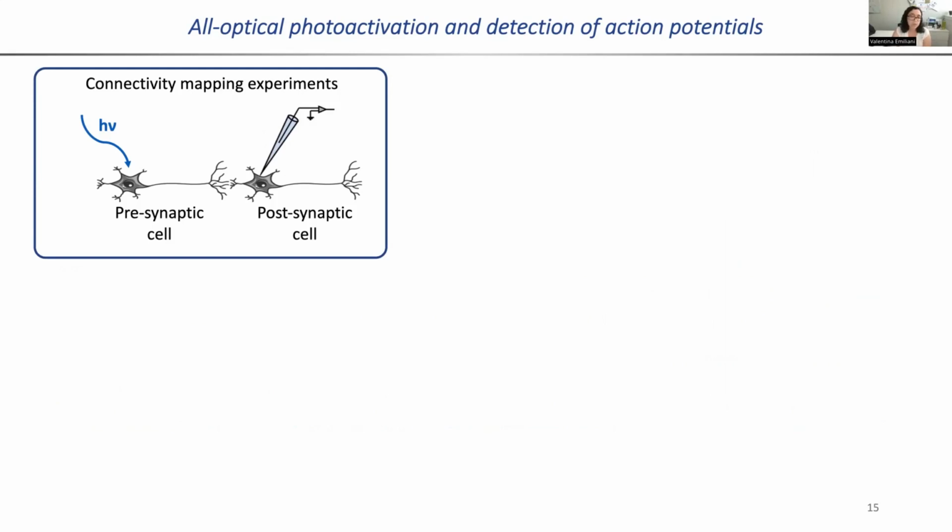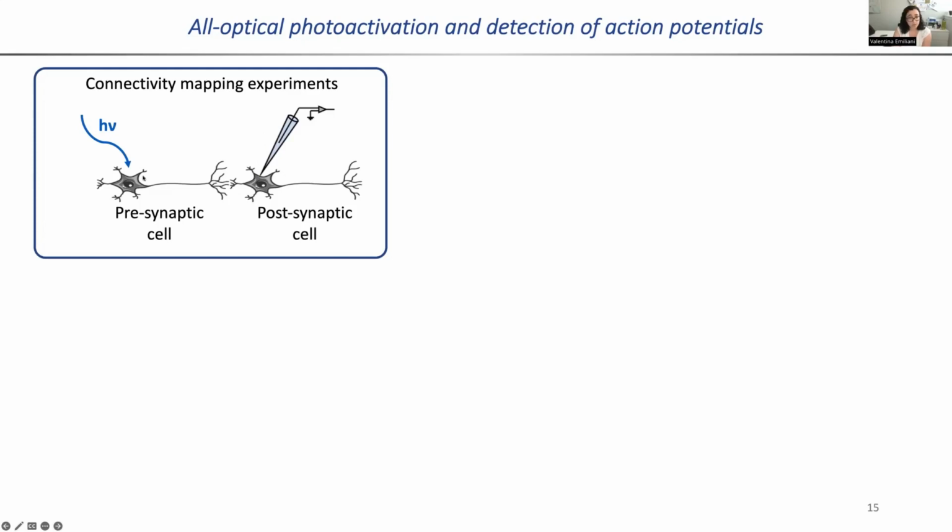But as Valentina was saying in our talk, one of the main goals of optogenetics is to perform optical connectivity experiments, where you can photostimulate a neuron and record the response in a postsynaptic cell.